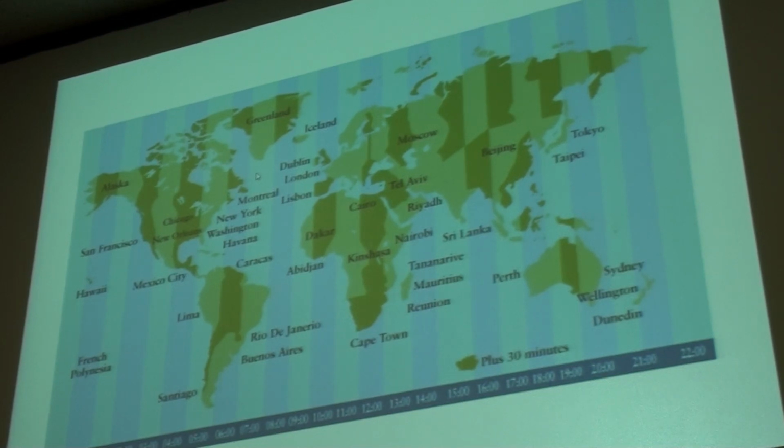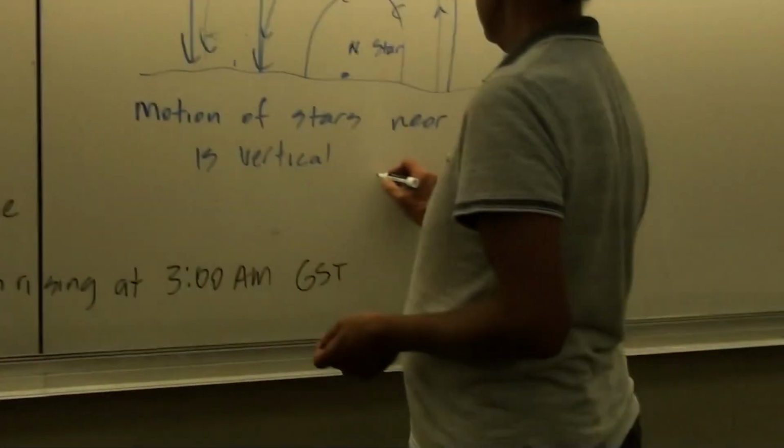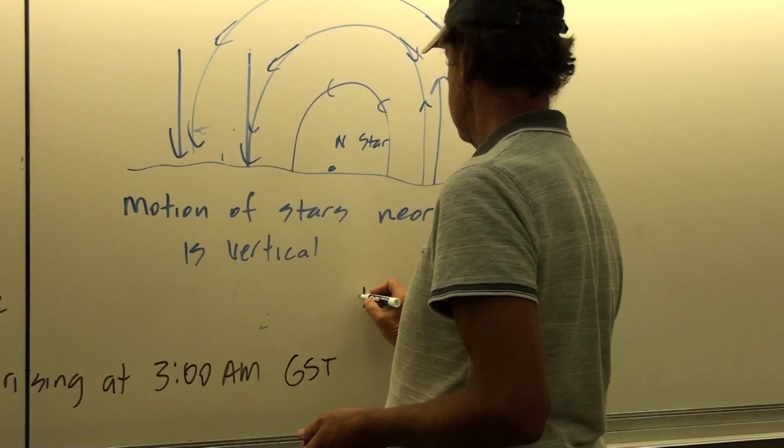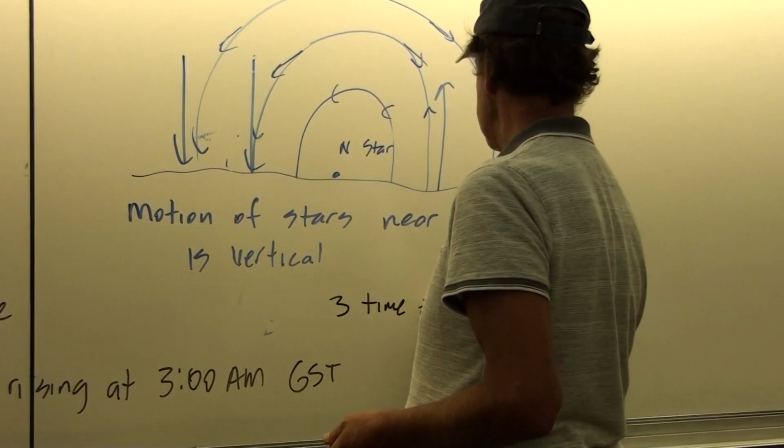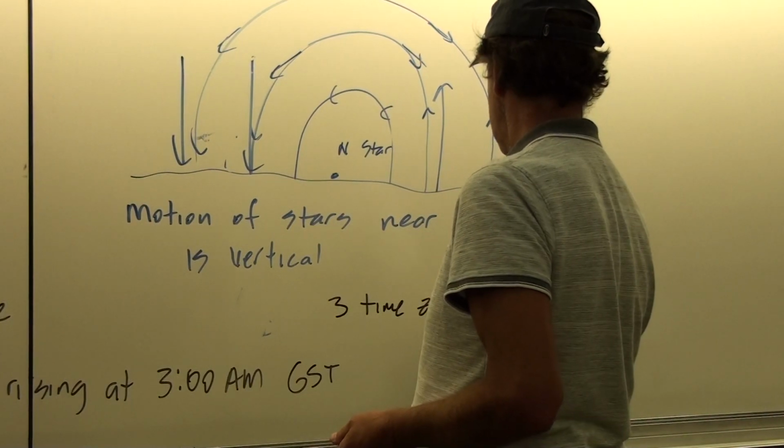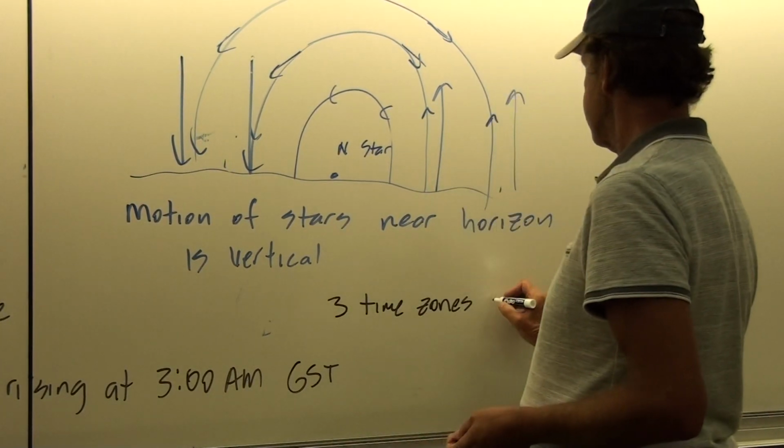Okay, and so if we're 3 time zones over, that's 3/24ths of 360 degrees. Okay, and so that's how we can measure our longitude. We take a ratio of the number of time zones. This is 3 time zones over, just like for us here in California versus New York.